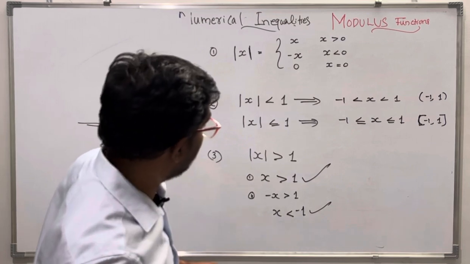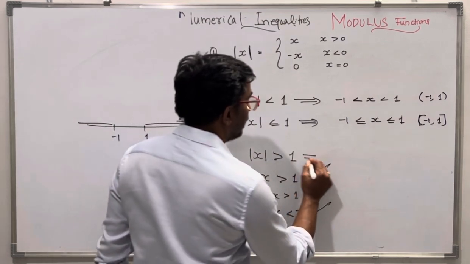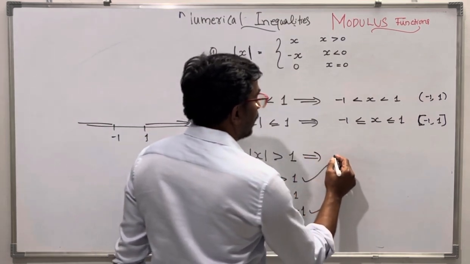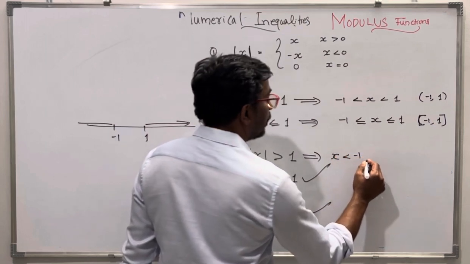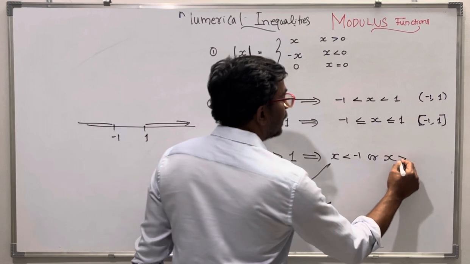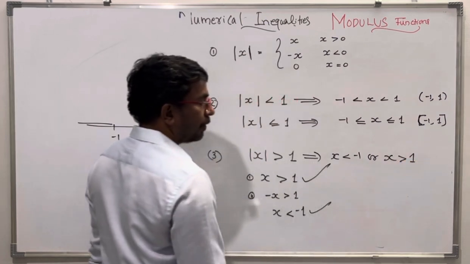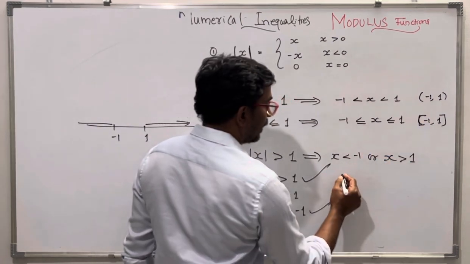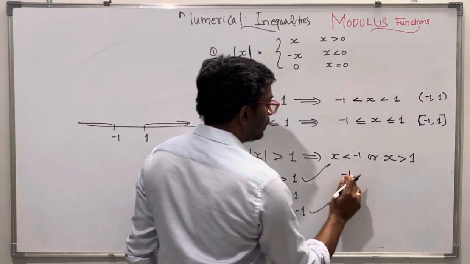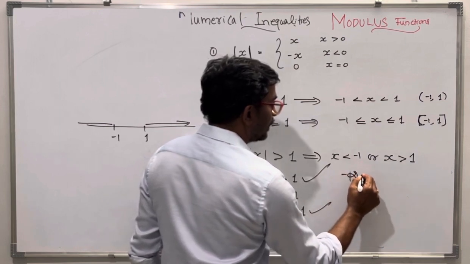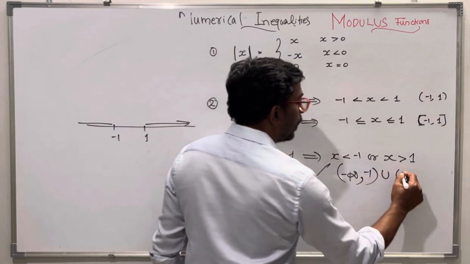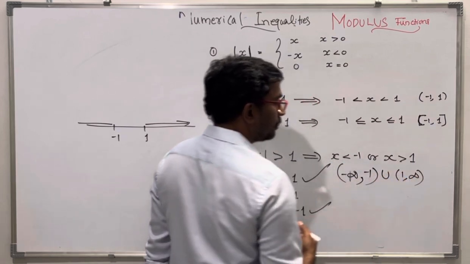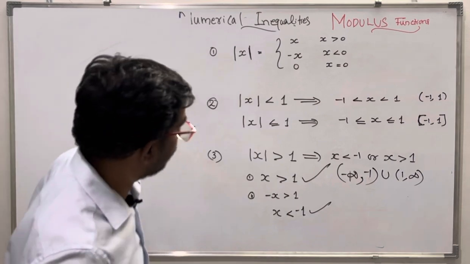So in general, from here the explanation will be, this implies what? x less than minus 1 or x greater than 1. If you write it as a solution set, you will write minus infinity to minus 1 union 1 to infinity. Likewise, you can write a conclusion.